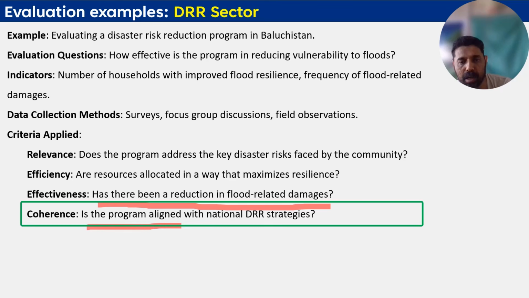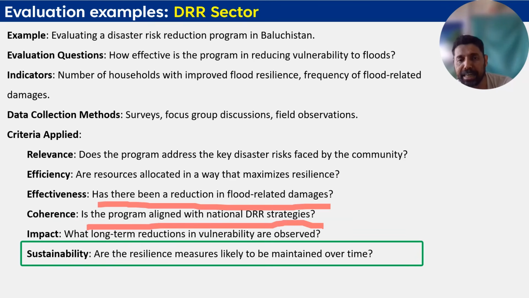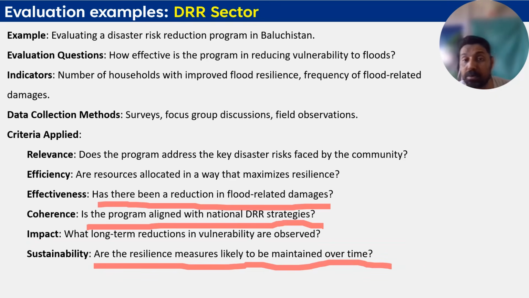Coherence: is the program aligned with national DRR strategies, PDMA, DDMA strategies? What long-term reductions in vulnerability are observed? And sustainability: are the resilience measures likely to be maintained over time? For example, if you have constructed some walls or other damage-related infrastructure, whether that is sustainable or not.